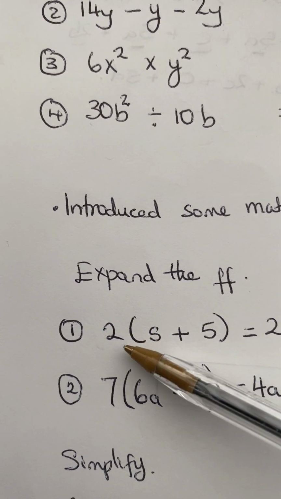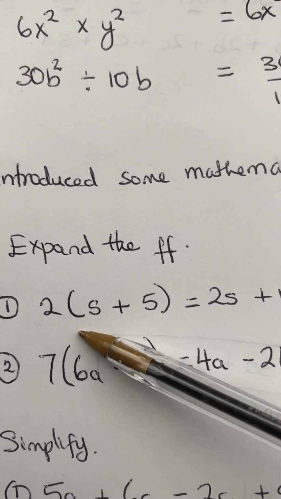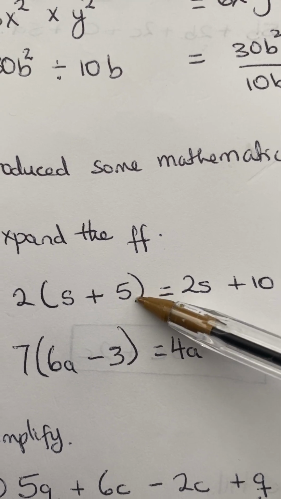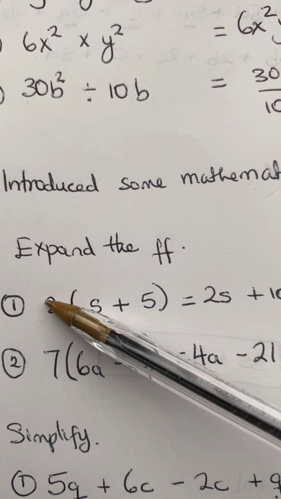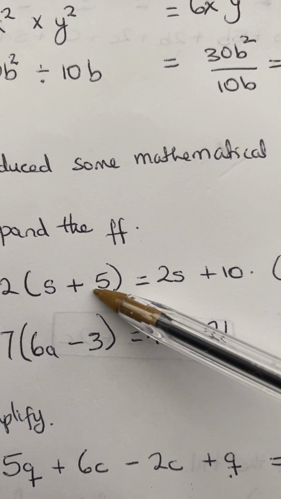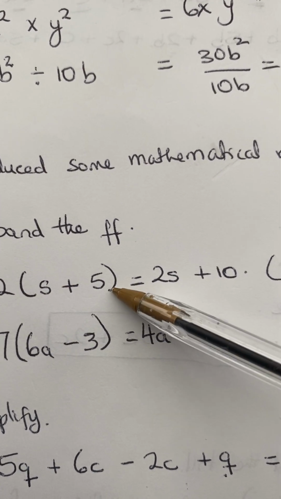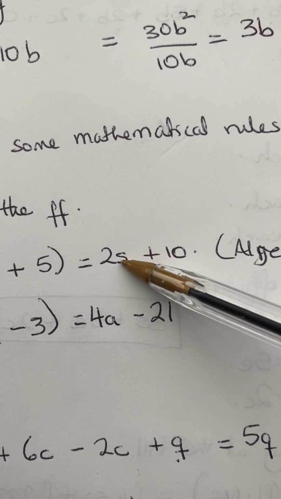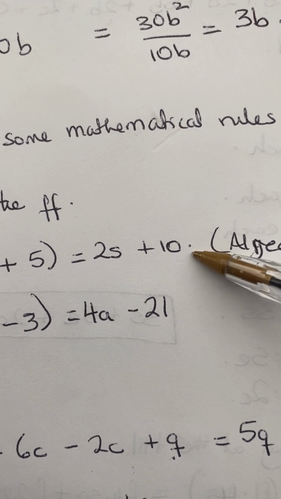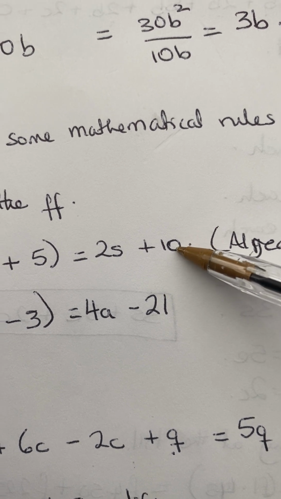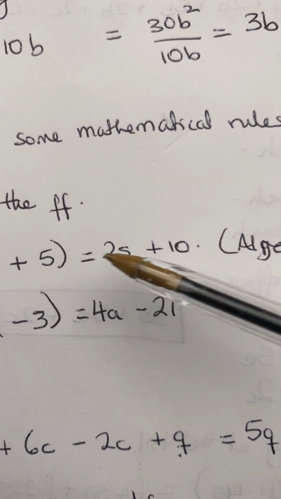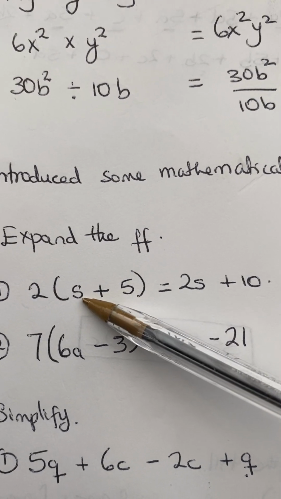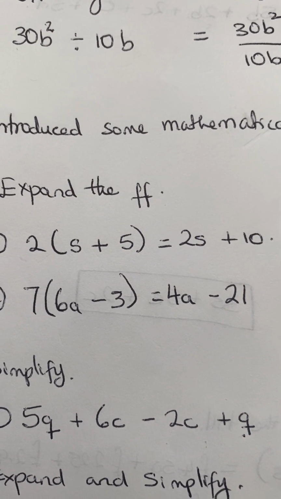Okay, so now you have 2 into brackets x plus 5. So what it says is 2 times x plus 2 times 5. So you have 2x plus 10. Okay, and you can go in the reverse. We've been doing the reverse. Okay, but this is called expansion.